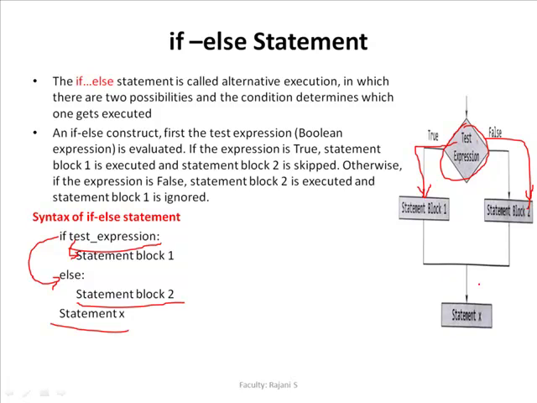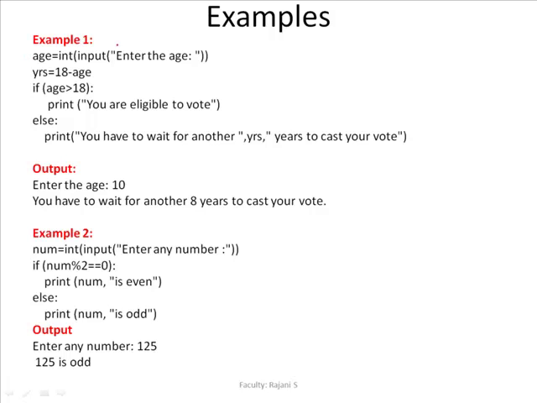Now we'll see an example. Here the first example is an extension of the previous example, that is whether the particular person is eligible to vote or not. For that, read age as user input. For example, if the age is 12 only, then the second statement is 18 minus age, that is 18 minus 12, the value is 6.